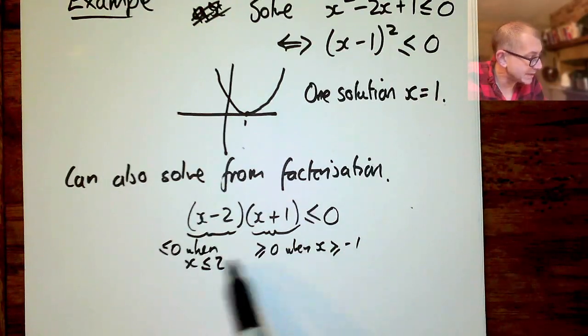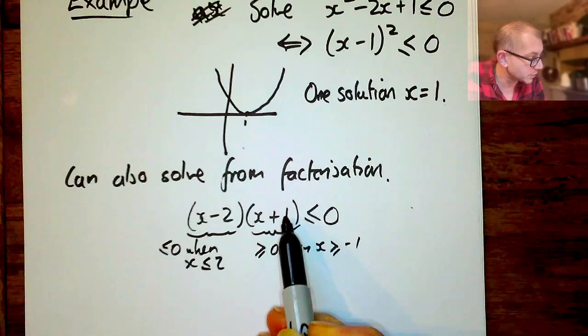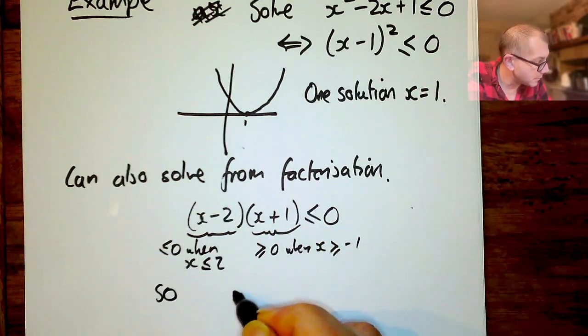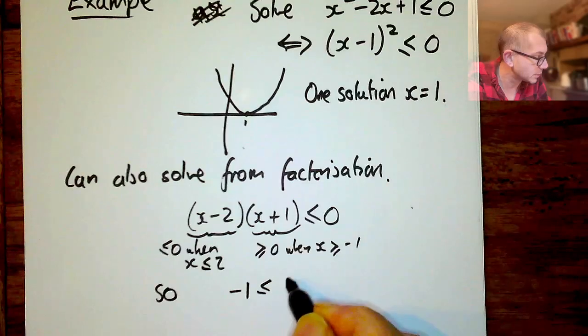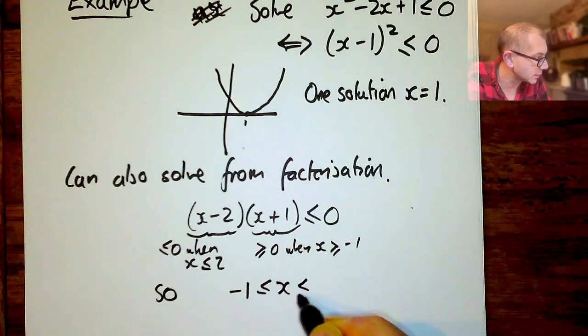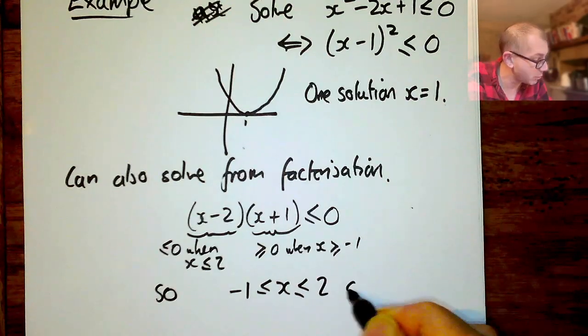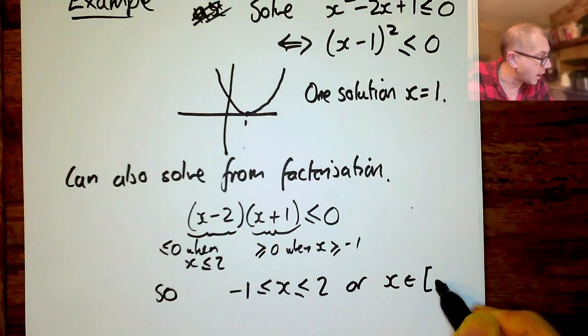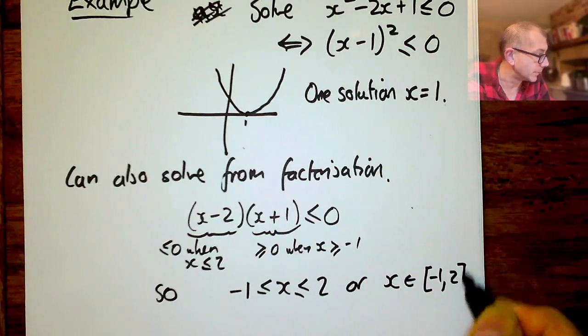So if I'm between these two values, I've got one of them positive and one of them negative. So minus 1 is less than or equal to x less than or equal to 2, or I could just put x in [minus 1, 2].